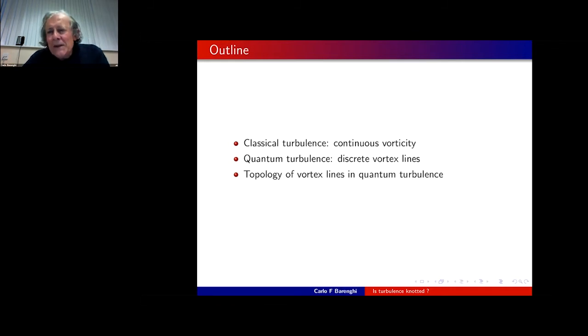So let me say just why one should be interested in turbulence. Well, clearly the reason is simply that it is everywhere. Turbulence is inside us, for example, the blood moving in the aorta. It is around us in the air which we breathe, in the water if we swim.